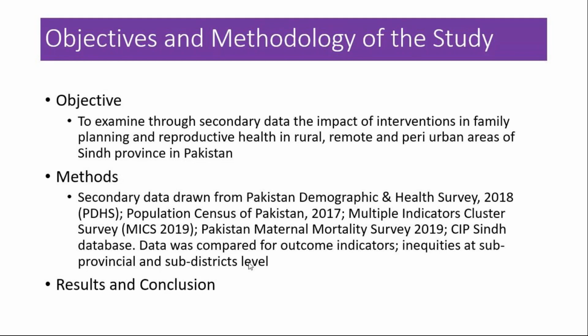The method that I used is secondary data drawn from the Pakistan Demographic and Health Survey, the population census of Pakistan, the Multiple Indicator Cluster Survey, the Pakistan Maternal Mortality Survey, and the CIP, which is the Costed Implementation Plan, and the database of CIP. Data was compared for outcome indicators and inequities at sub-provincial and sub-district level, and finally, some conclusions are made.